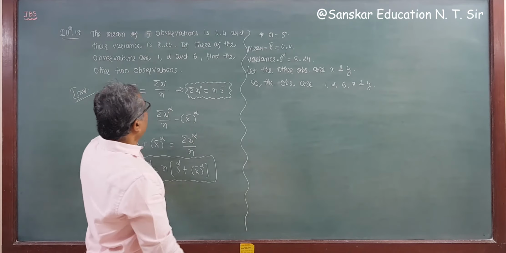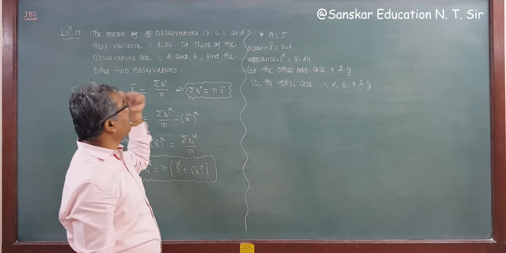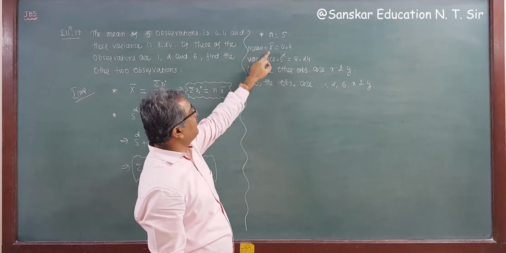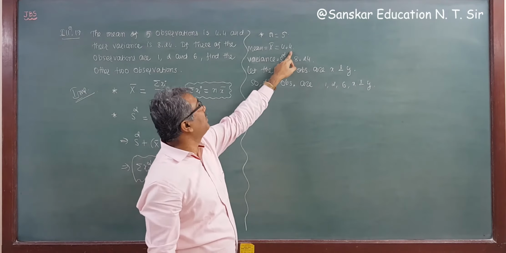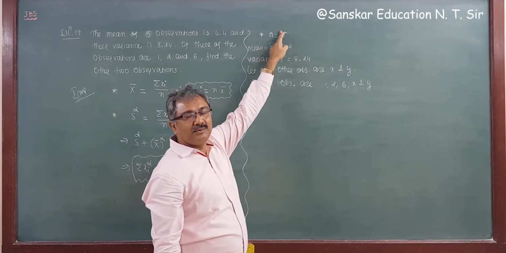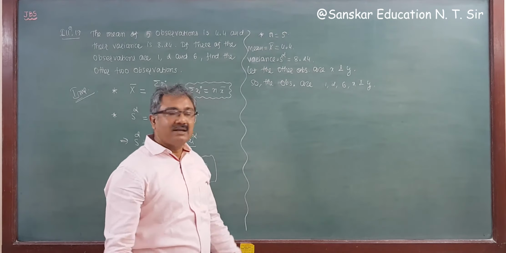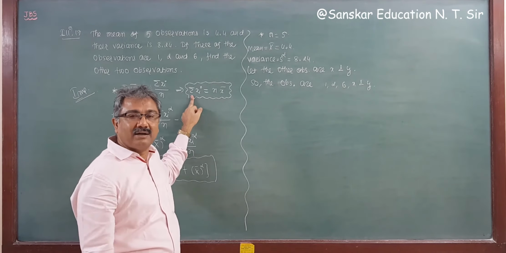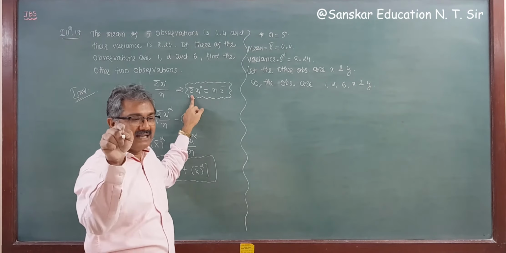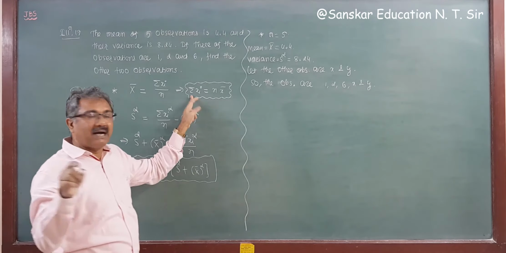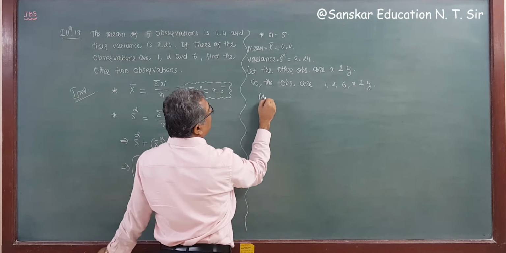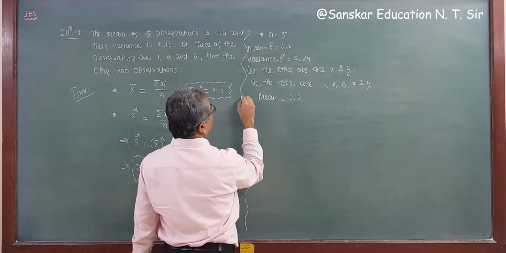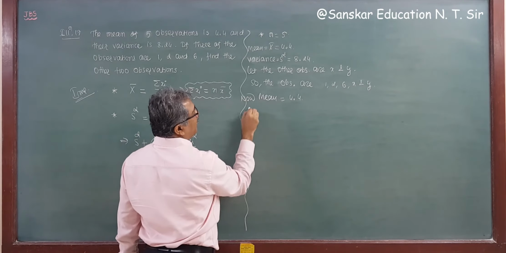Now we have to find x and y. The mean is given as 4.4 and n is given as 5. That means we can find sigma xi. From this formula, sigma xi is n into x bar. Now the mean is equal to 4.4.